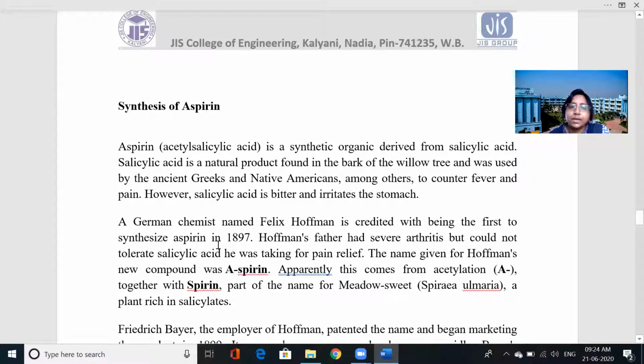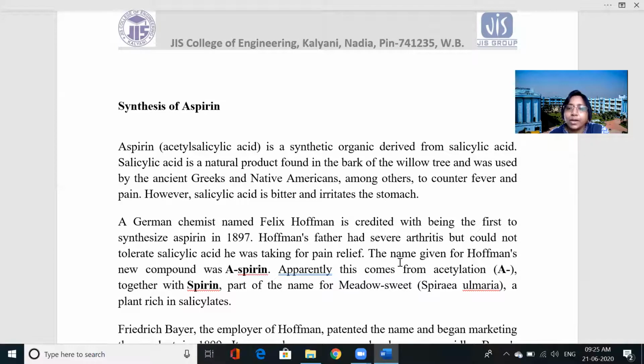About the history, a German chemist named Felix Hoffmann is credited with being the first to synthesize aspirin in 1897. Hoffmann's father had severe arthritis but could not tolerate the salicylic acid he was taking for pain relief.